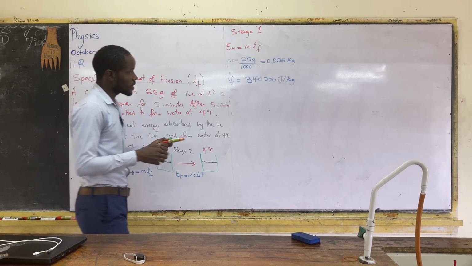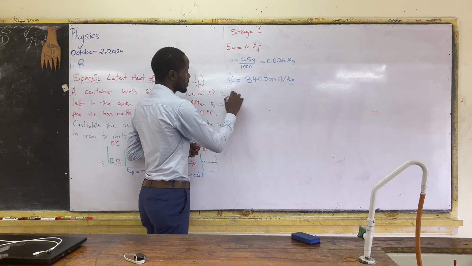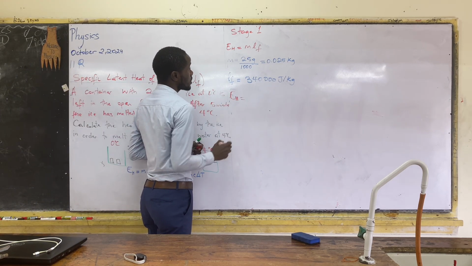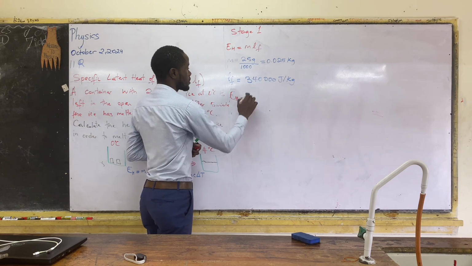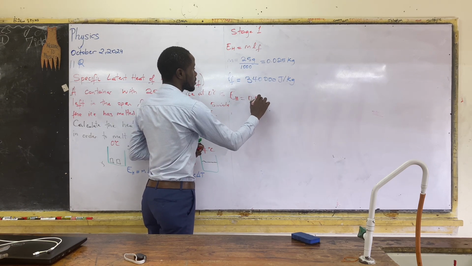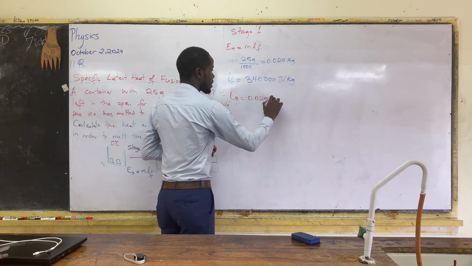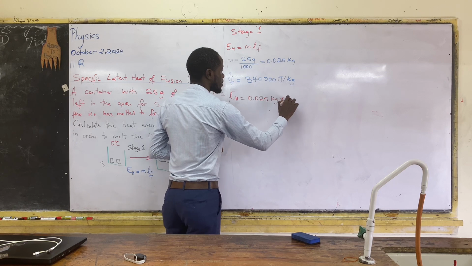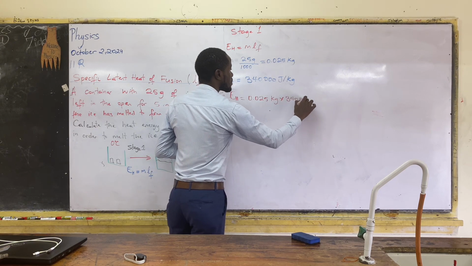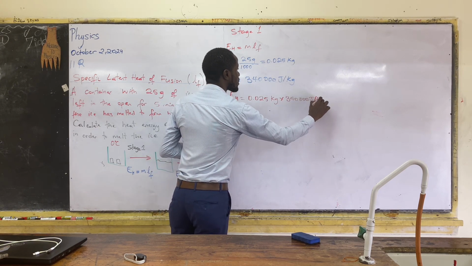So now, just plug in the values. EH is equal to M, which is 0.025 kilogram times 340,000 joule per kilogram.